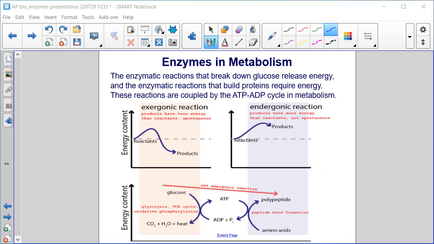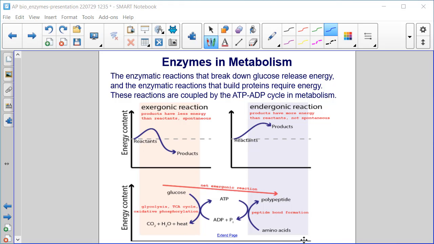The enzymatic reactions that break down glucose release energy, which you can see on the left, and the enzymatic reactions that build proteins require energy, which you can see on the right. These reactions are coupled by the ATP-ADP cycle in metabolism. So we have our exergonic reaction paired with our endergonic reaction, exergonic glucose being broken down into carbon dioxide, water, and the release of energy in the form of heat.